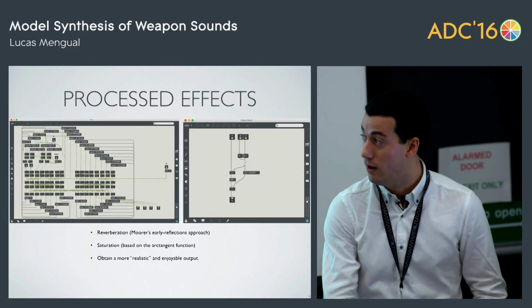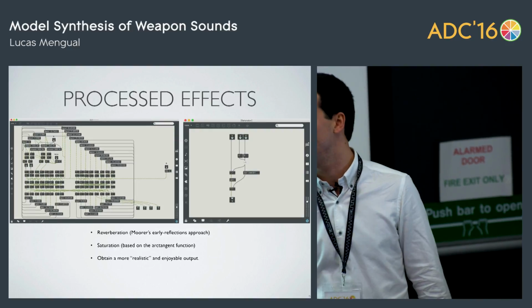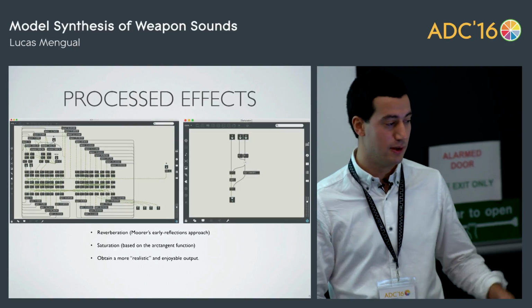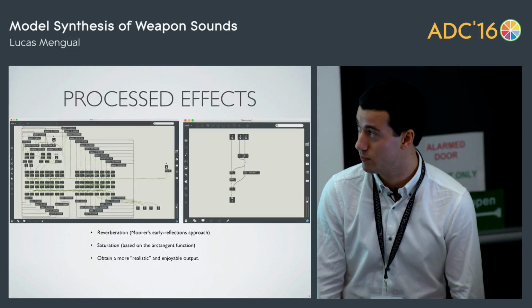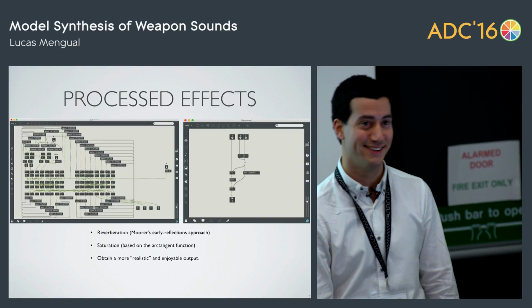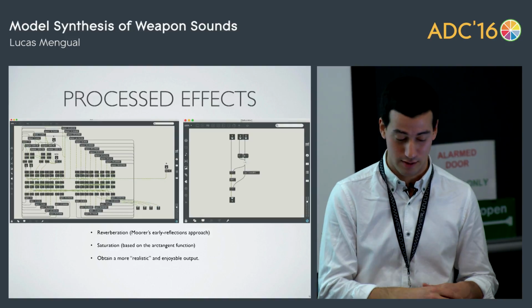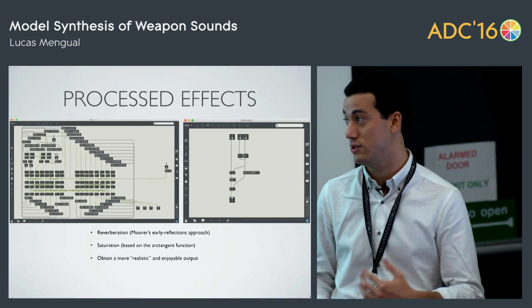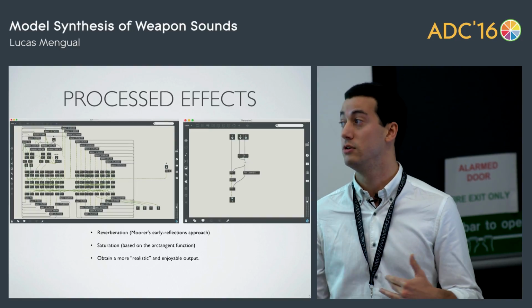Okay. Another innovative feature that I added to the model is process effects. Apparently this was innovative, no one did it before. What I did is add reverberations and saturations into the different models.